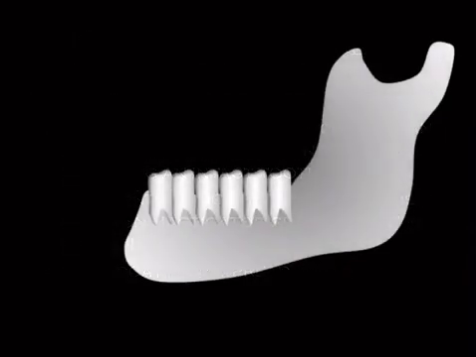So here's a mandible, part of a mandible, and there is this thing called the mylohyoid line, which is basically the attachment of the mylohyoid muscle to the mylohyoid ridge, which dictates spread of infection.